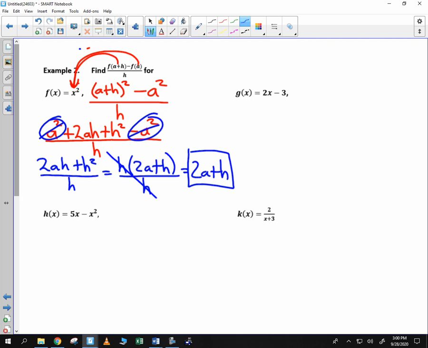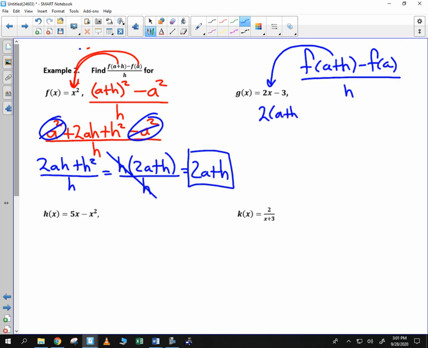Let's try it here. f of a plus h minus f of a, all over h. Plug that in, and I get 2 times a plus h minus 3, minus, now I've got to plug this in, and I get 2a minus 3. Careful with your parentheses there, because we have that subtraction, all over h.